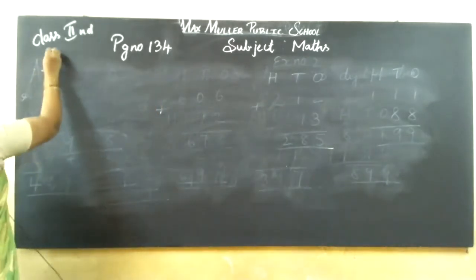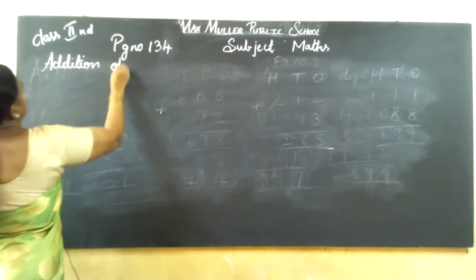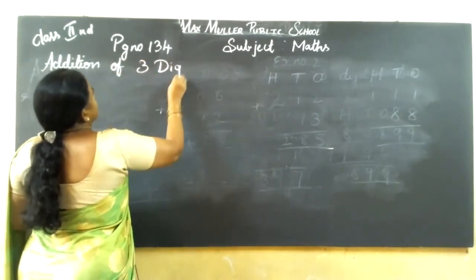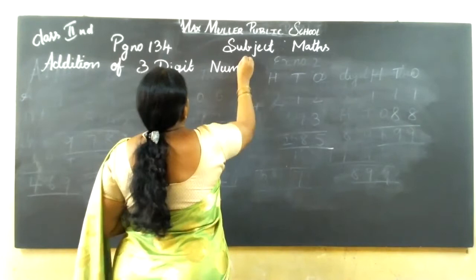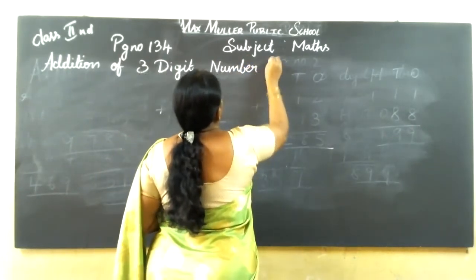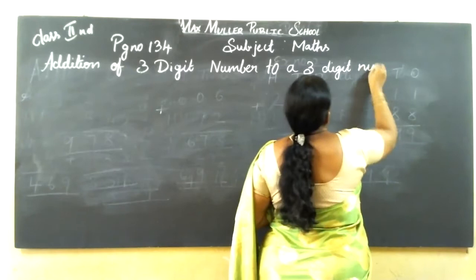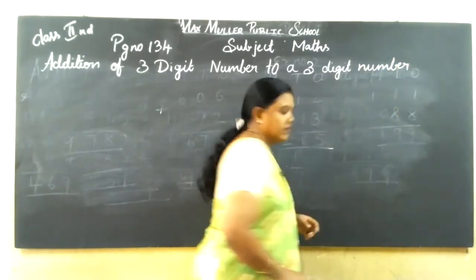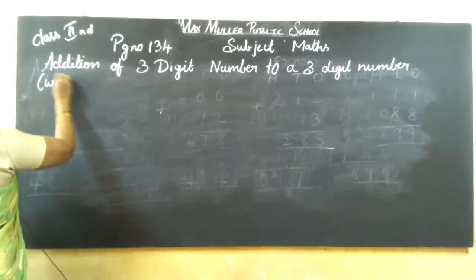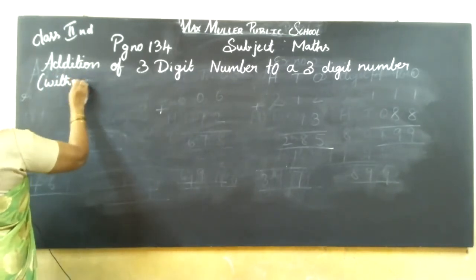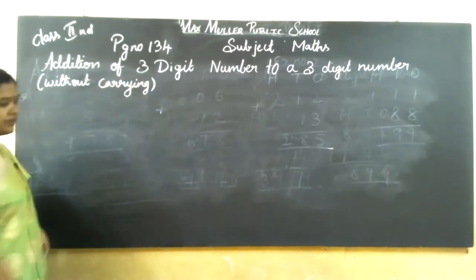Without carrying, we are doing, children, addition of three digit number to a 3 digit number. Without carrying.